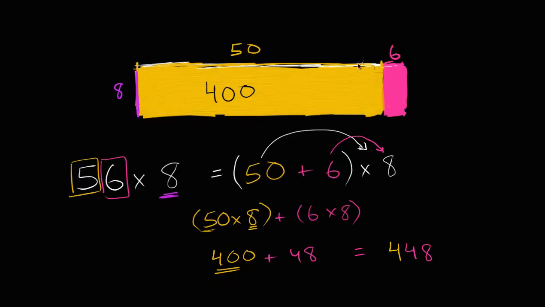And then what's 8 times 6? Well, we know that's going to be 48 square units. So the entire rectangle is going to be the 400, the yellow area, plus the magenta area, the 48, which is 448. 448 is going to be the area of the whole thing, 8 times 56.